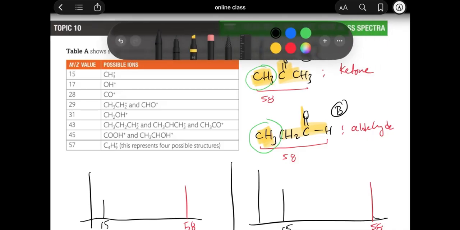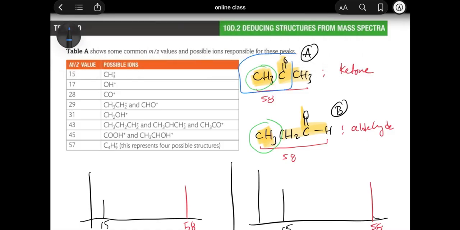Now, what happens if we have a break from here? If you remember, these fragments can be memorized, so you can say this fragment belongs to this one, which is 43.